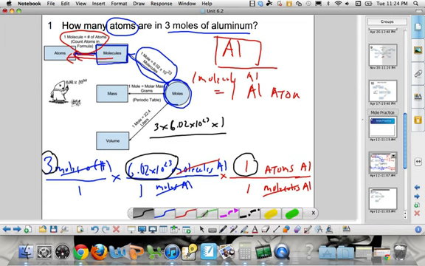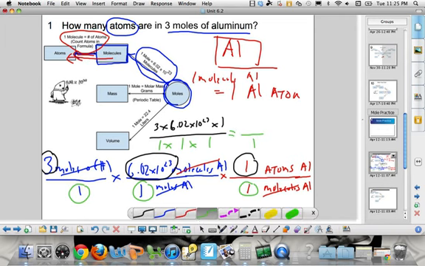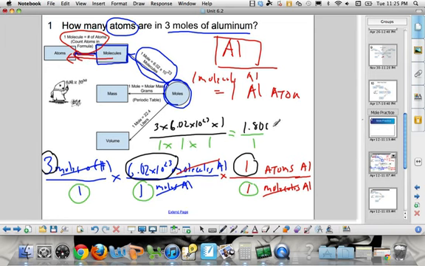Do the same thing for the bottom. On the bottom I have 1, 1, 1. I'm going to multiply 1 times 1 times 1. When I do that, my bottom is going to be equal to 1. My top will be equal to 1.806 times 10 to the 24th. And that's my answer. It's that many atoms of aluminum.